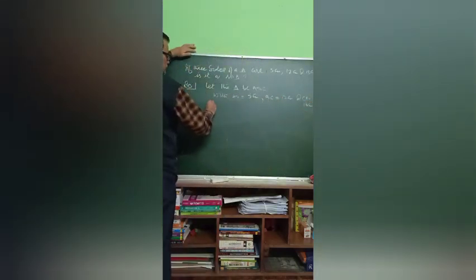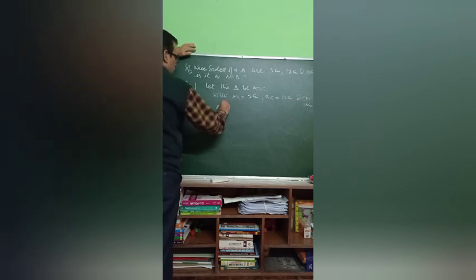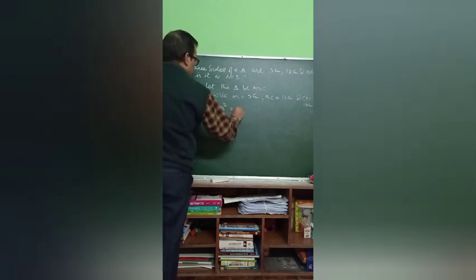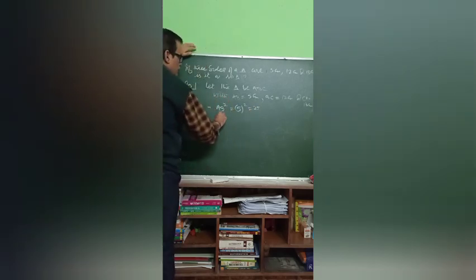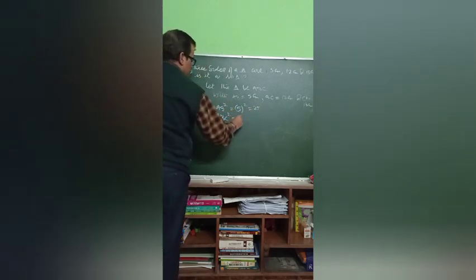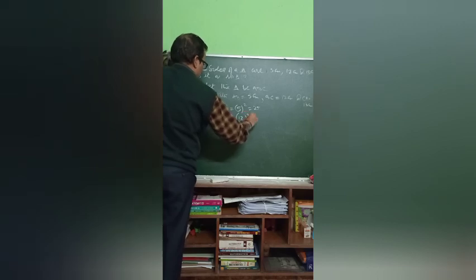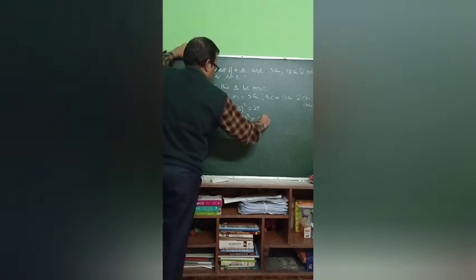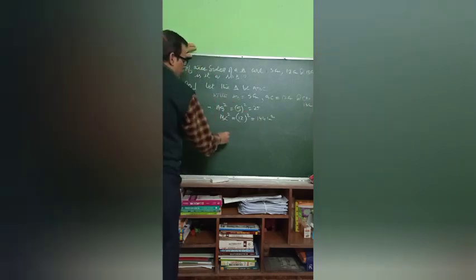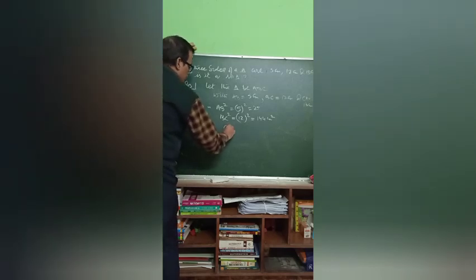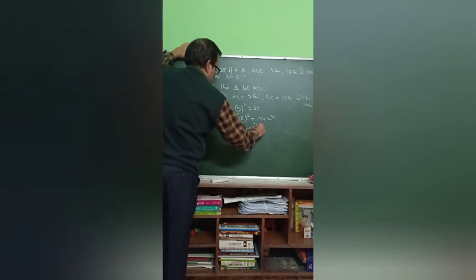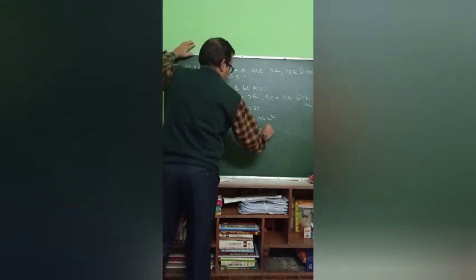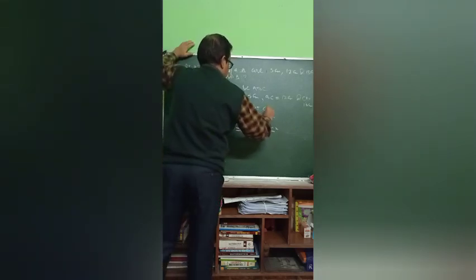Therefore, AB square is equal to 5 squared, that is 25 centimeter square. BC square is equal to 12 centimeter squared, that is 144 centimeter square, and CA square is equal to 13 centimeter squared, that is 169 centimeter square.